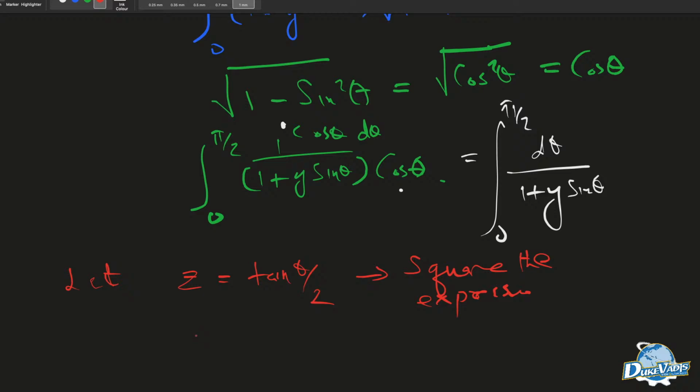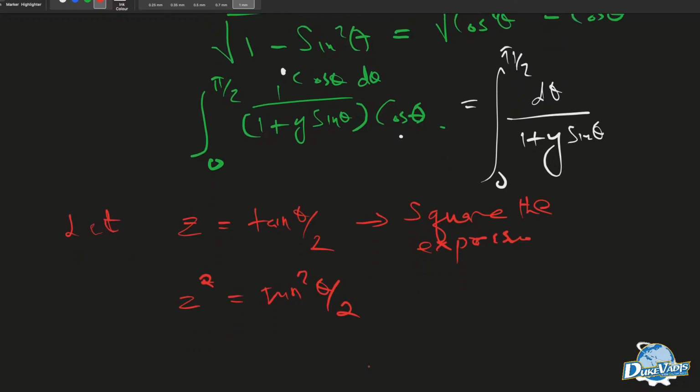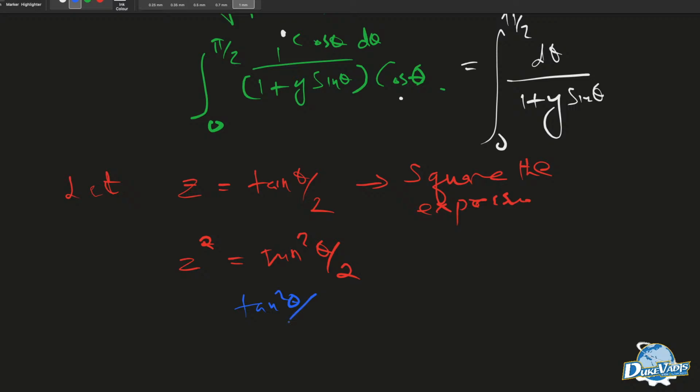So z squared will be equal to tan squared theta over 2. But we know that tan squared theta over 2 is equal to sec squared theta over 2 minus 1.